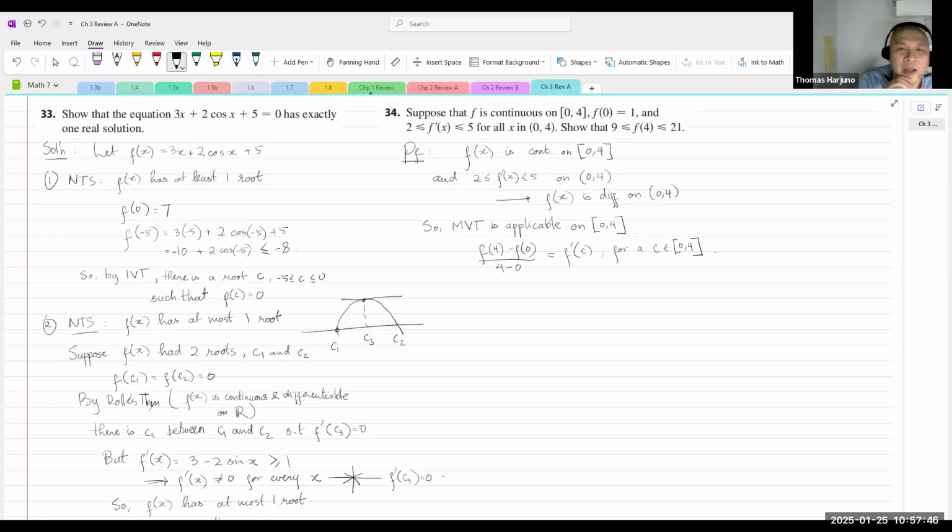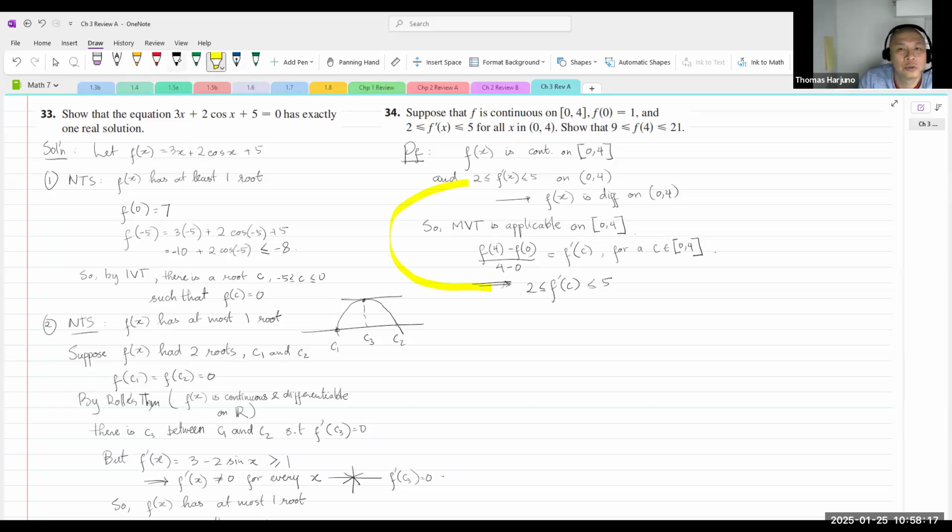That's the mean value theorem. But f prime c, because c is between 0 and 4, is between 2 and 5.